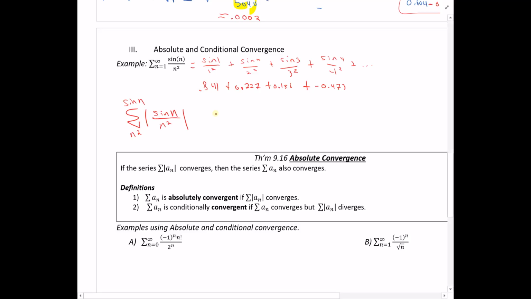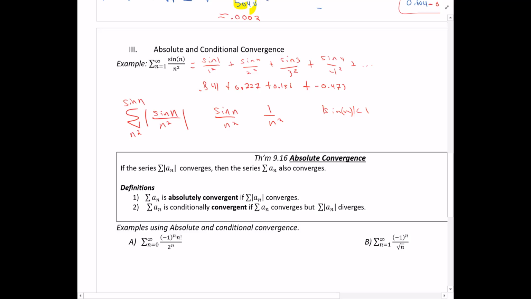So we could compare sine n over n squared to 1 over n squared. And you want to know, well, which one is greater, right? And so in order to figure this out, you have to know that the absolute value of sine n is always less than or equal to 1, right? Because you can't get any numbers bigger than 1 out of sine n.